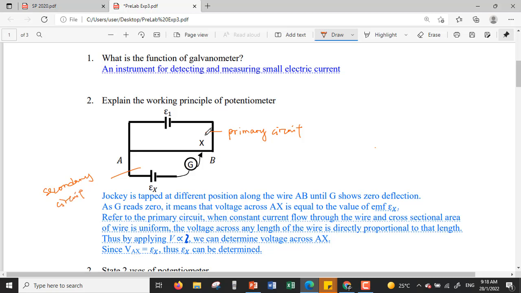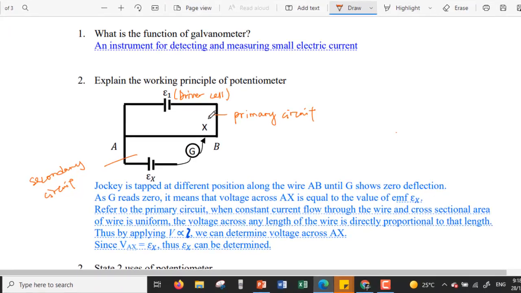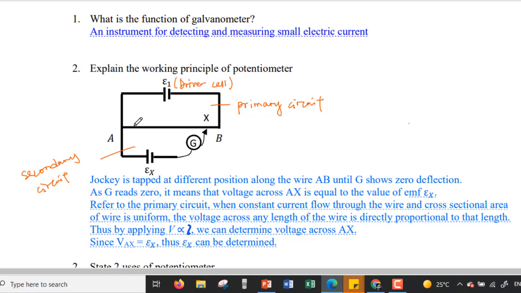In the primary circuit, we have a driver cell which is connected to a long resistive wire AB. That will form our primary circuit. I try to highlight it so you can see the difference.